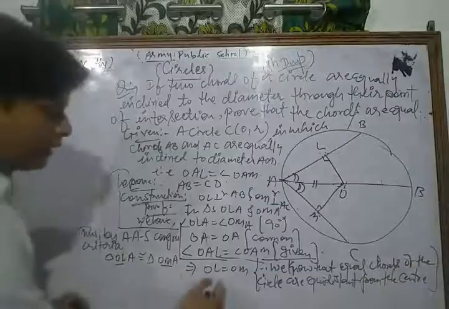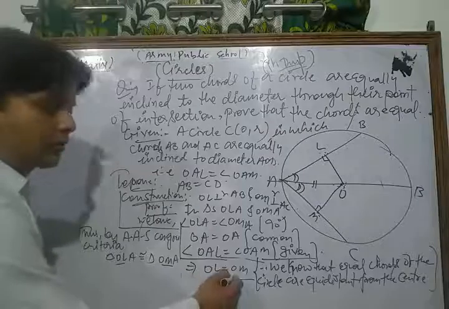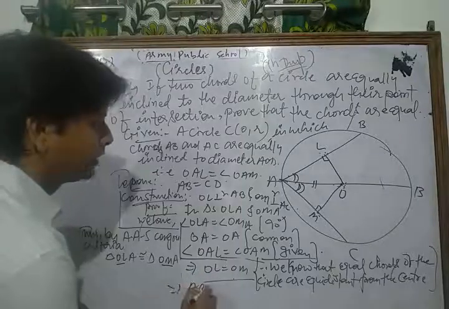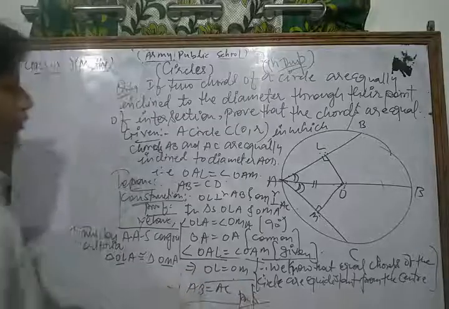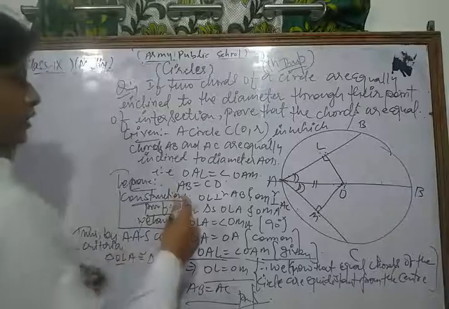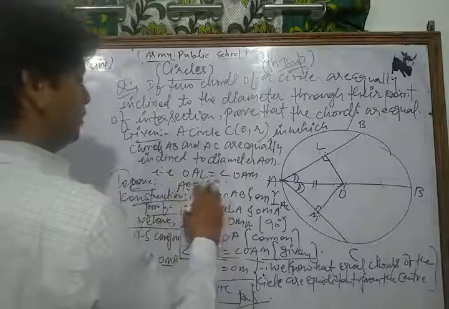So here we show that the chords are equidistant from the center, meaning chord AB is equal to chord AC. Hence proved.